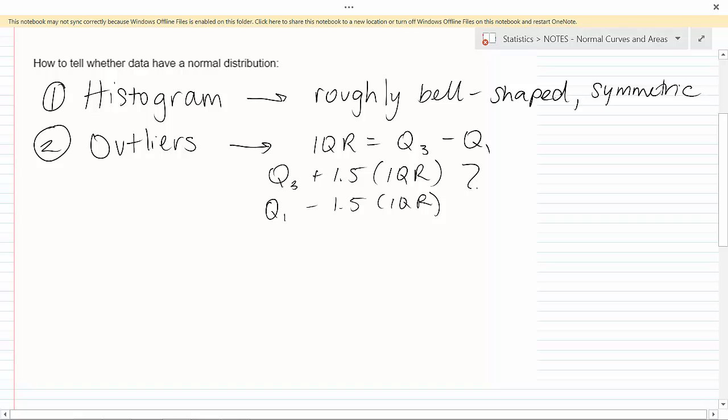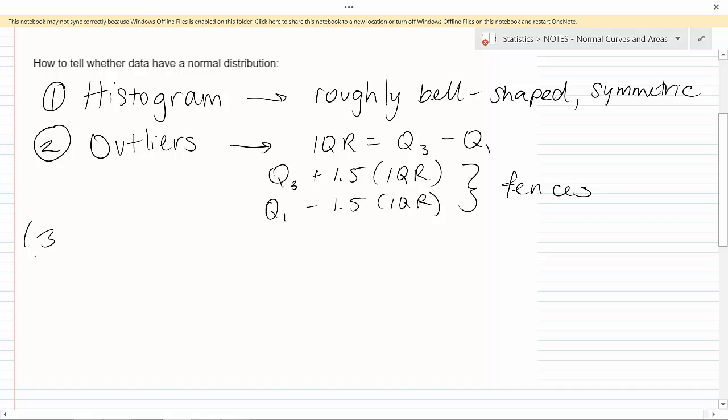And remember, this gives you your fences. Anything outside of those fences is going to be an outlier. If a distribution has outliers, that is starting to point to the fact that it may not be normally distributed.